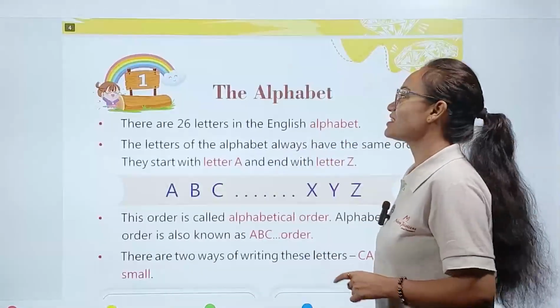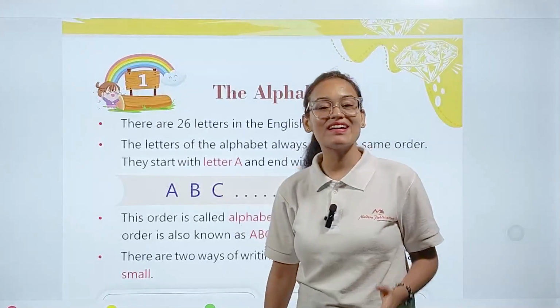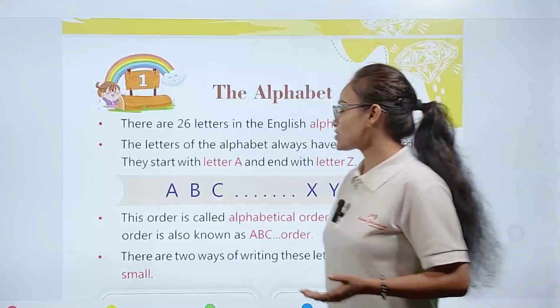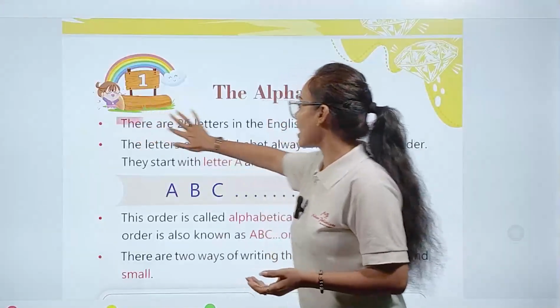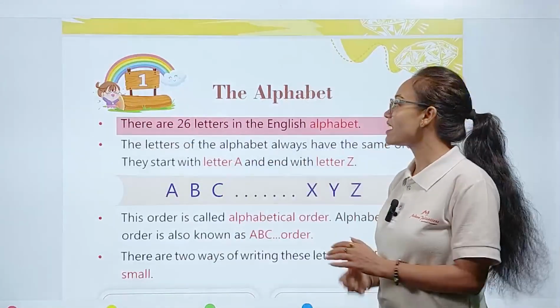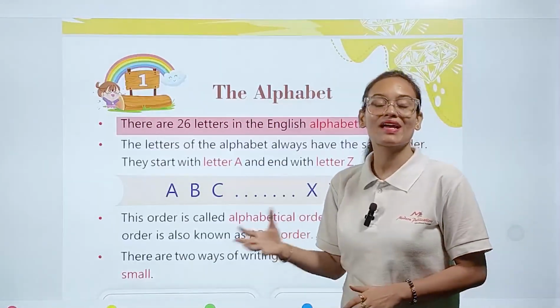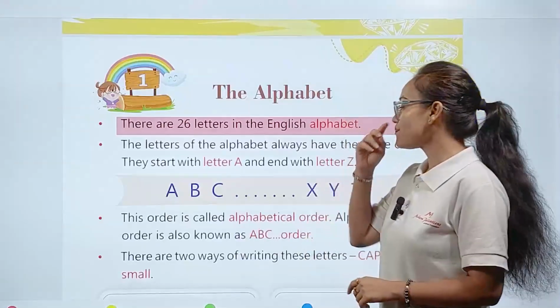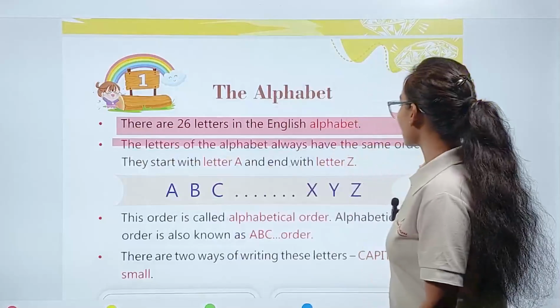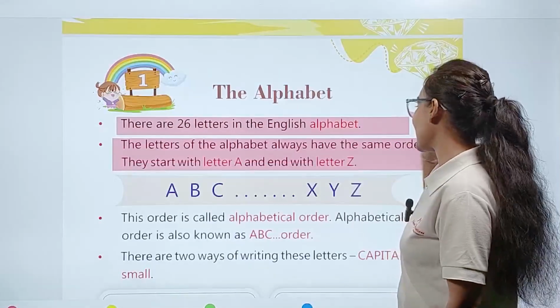Okay. So, here you can see the name of your chapter number 1 is the alphabet. So, my dear student, as I already told you, there are 26 letters in the English alphabet. The letters of the alphabet always have the same order.